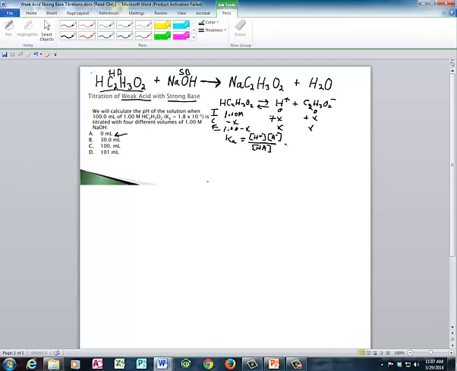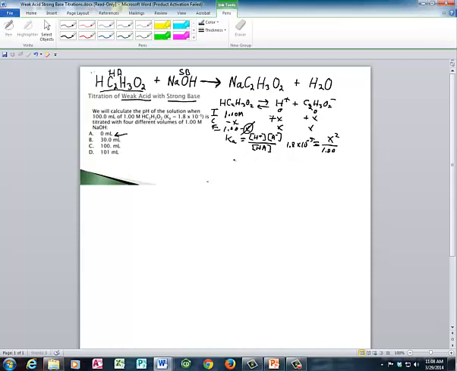And then I just plug in my equilibrium constant for acetic acid, which is 1.8 times 10 to the minus 5, equal, from my ICE table, to X times X, which is X squared. I'm going to assume that X is small, so I'm not going to include it in my calculation, and so that's just going to be 1.00 molar.